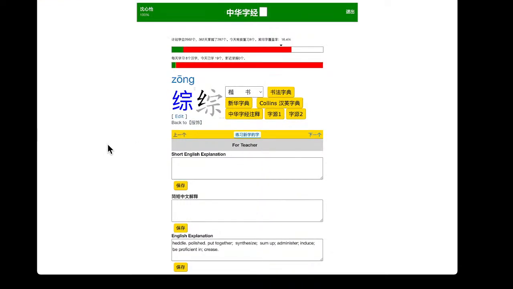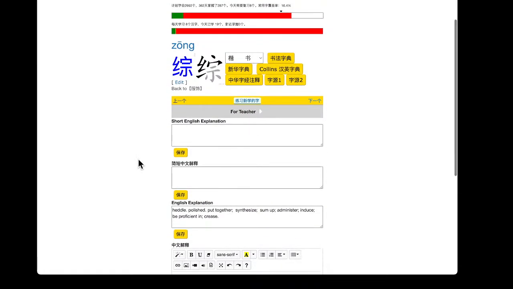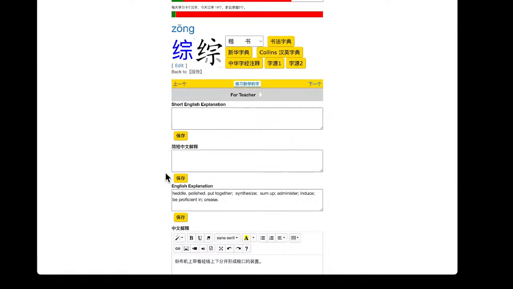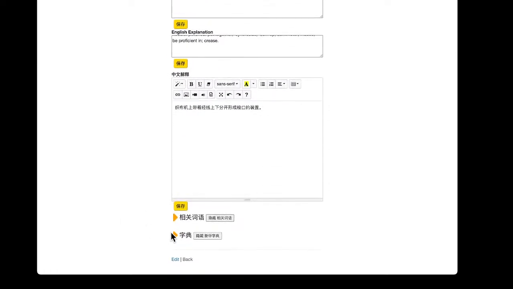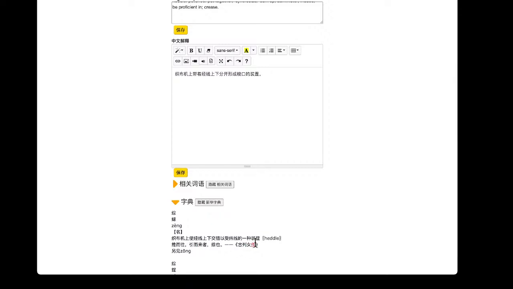Next one, 中. Now, 中 means put together, synthesize. Okay, sum up, polished. Okay, put together. So now the original meaning is this means, on the machine that makes the fabric, right?